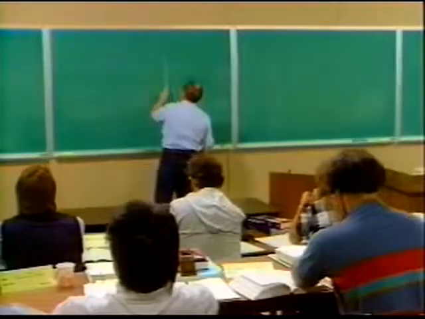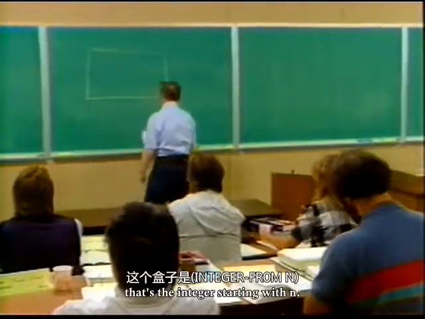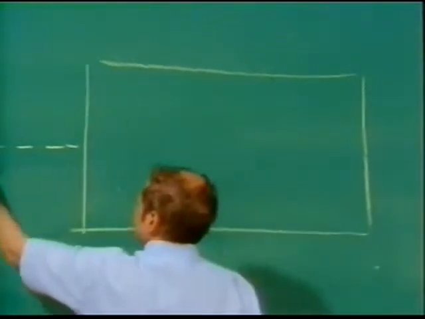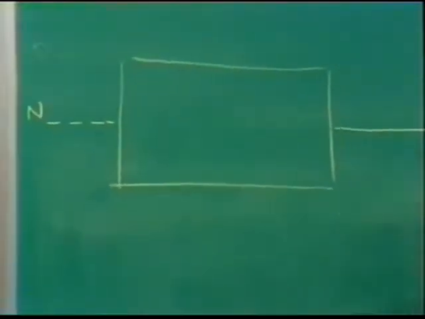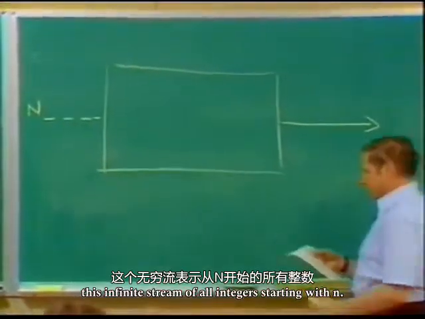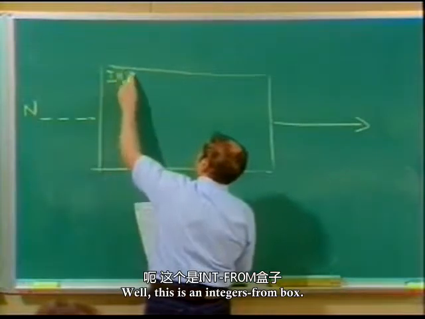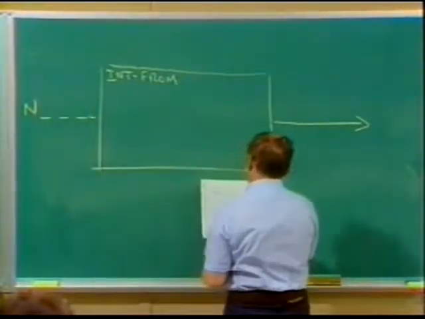Right, conceptually what I have is a box that's the integers starting with n. It takes in some number n, and it's going to return this infinite stream of all integers starting with n. And what do I do? Well, this is an integers-from box. What's it got in it?